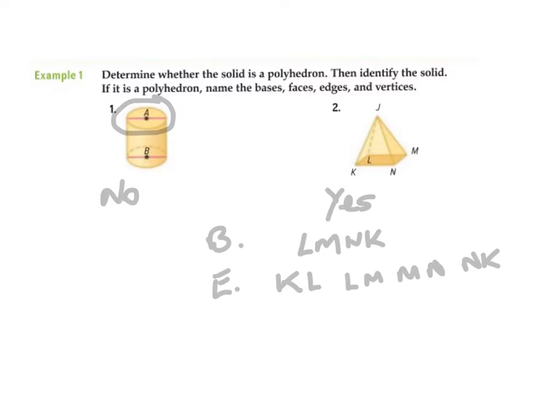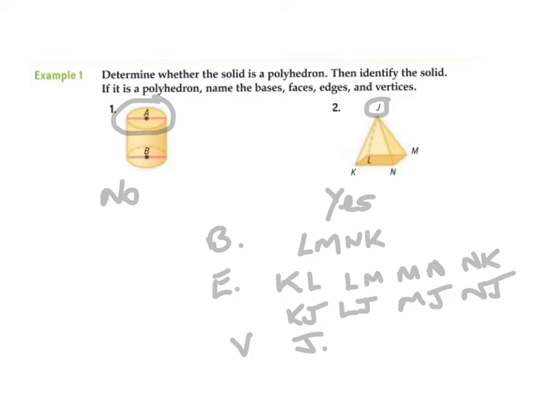Okay, but that's just the base. Don't forget you've got to go up to the top then, so everything will include J because that's the vertex. So you're going to do KJ, LJ, MJ and NJ, okay, and then obviously the vertices will just be J.